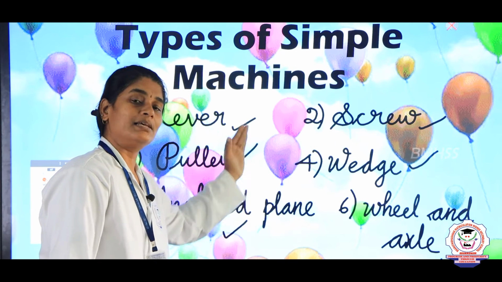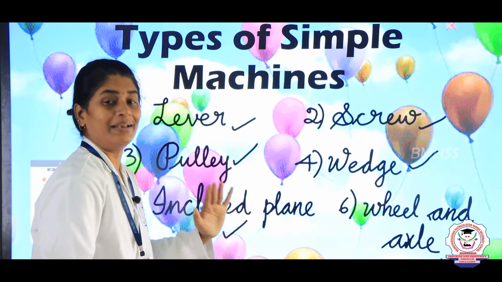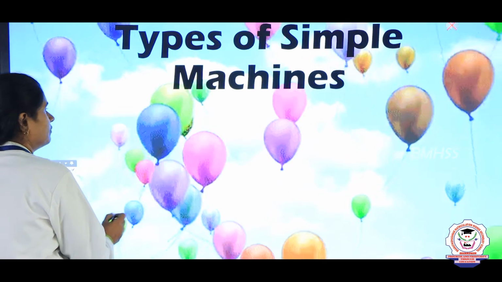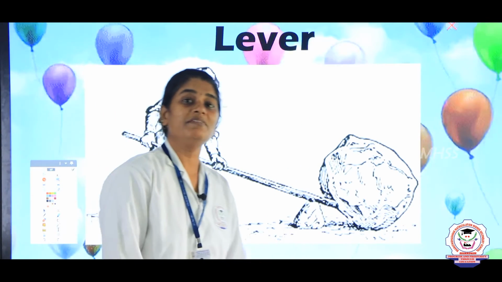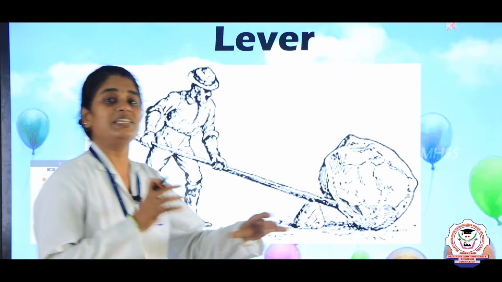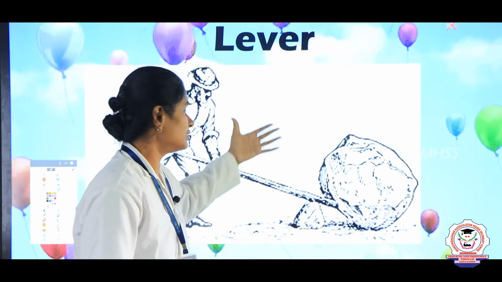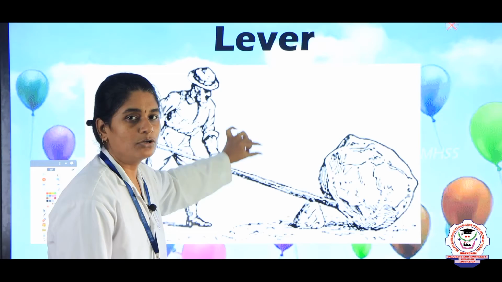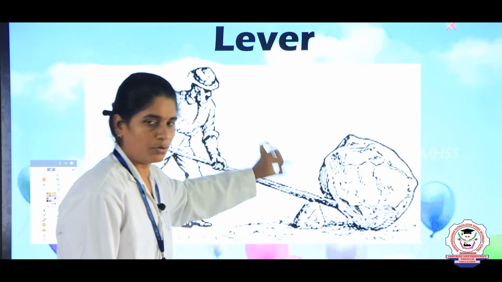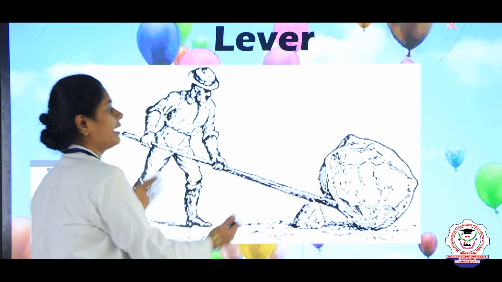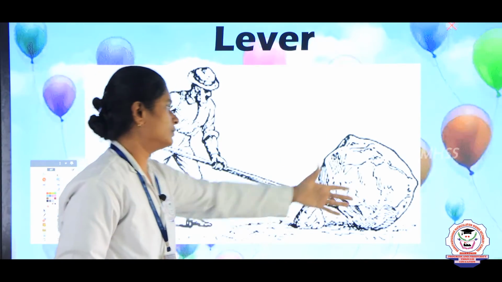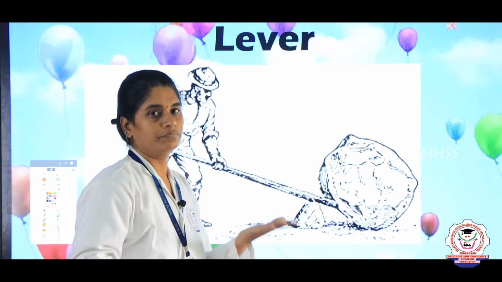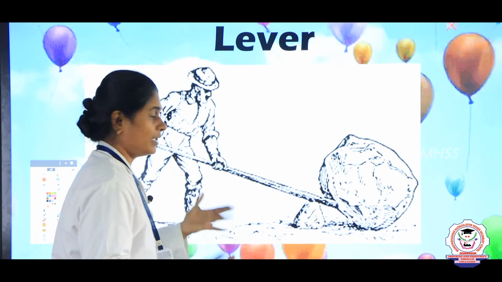Now let us see these types in detail, what they actually are, and we will see examples also. First we are going to see the lever. A lever is a rod-like thing, and with the help of a fixed point we can use this simple machine. Here you can see a man who cannot lift the boulder, a big rock, so he cannot move it.